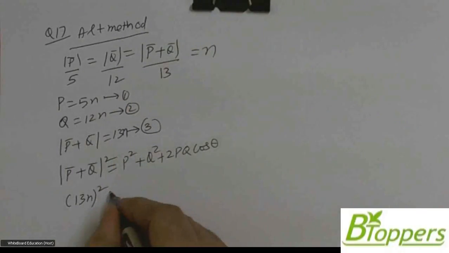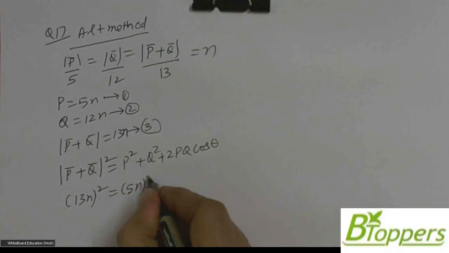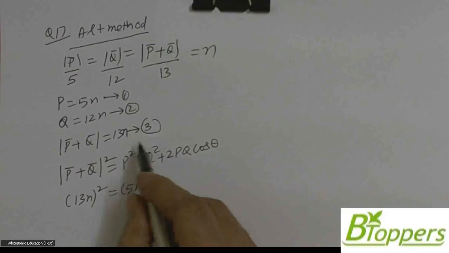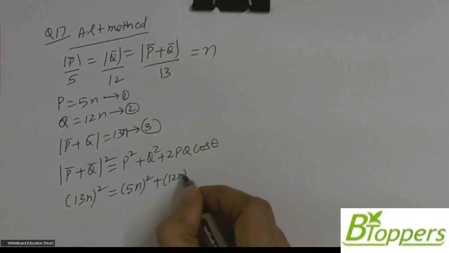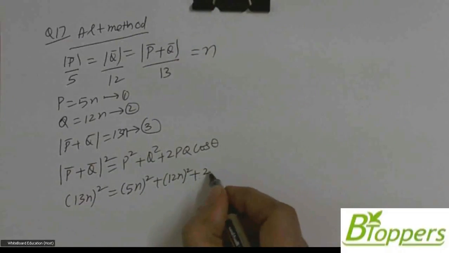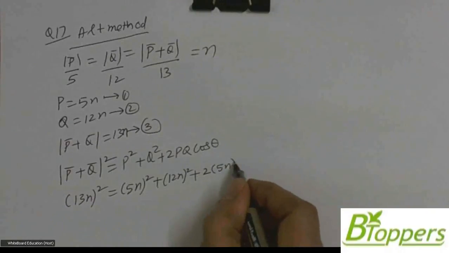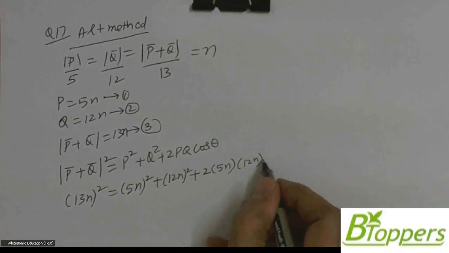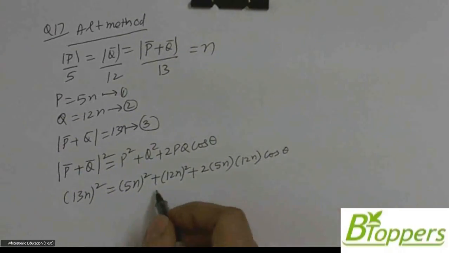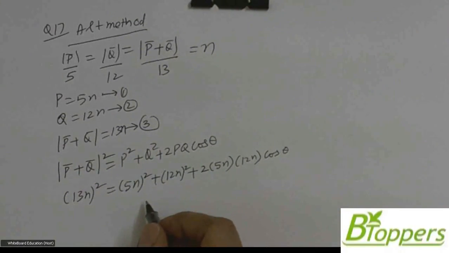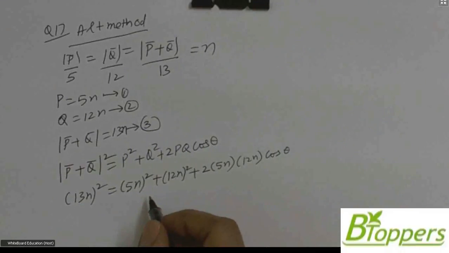On the right hand side you can substitute p equal to 5n, and next q equal to 12n. So from the first equation you can substitute p equal to 5n and q equal to 12n. You can try to simplify this yourself.